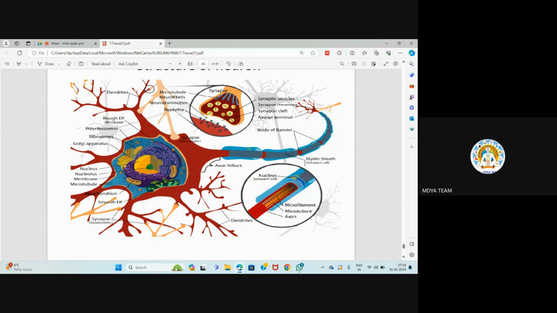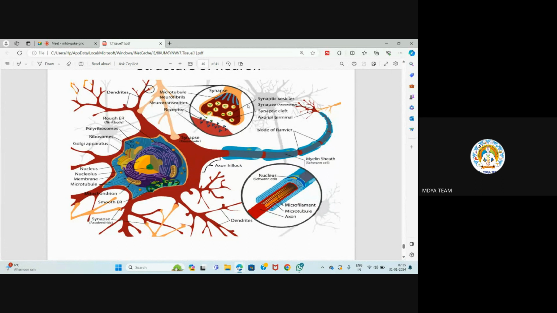So this is the dendrite of the current neuron. This is the axon terminal of the previous neuron, and this is the dendrite of the current neuron. So dendrites are receiving the information as it has been released by the previous neuron in the synaptic gap. This gap is known as the synaptic gap, or synapse. Here it is labeled. This gap is known as synapse or synaptic gap.